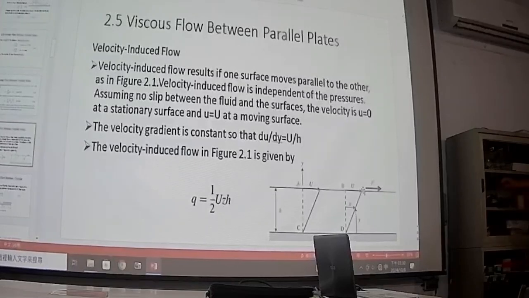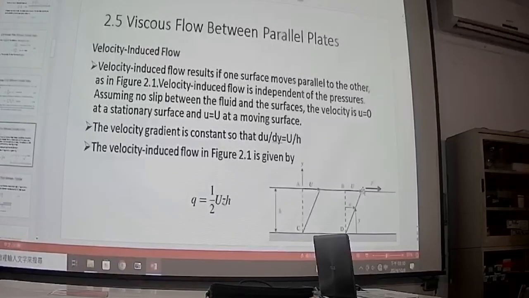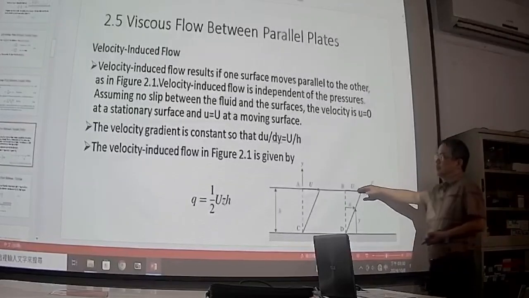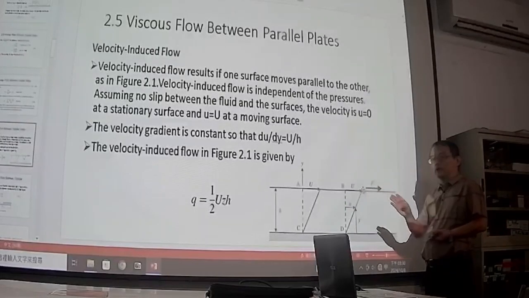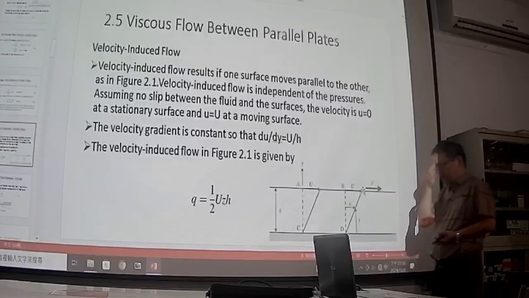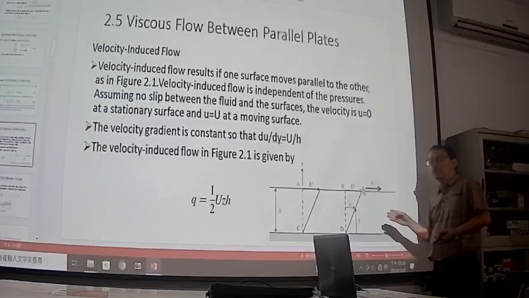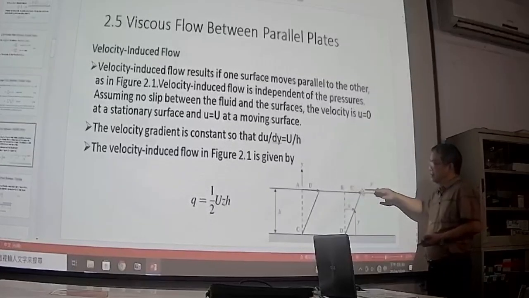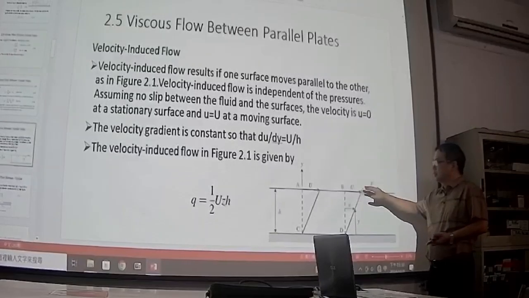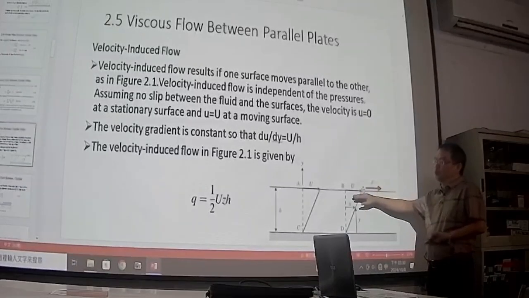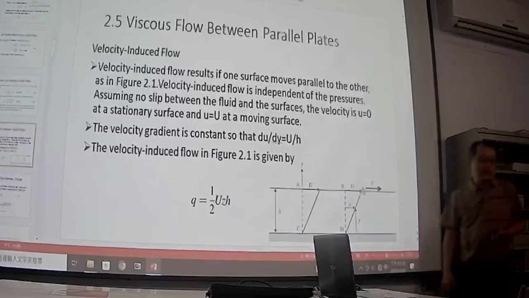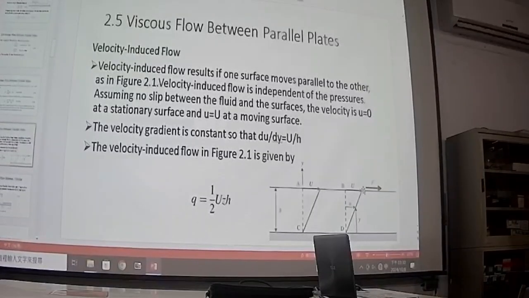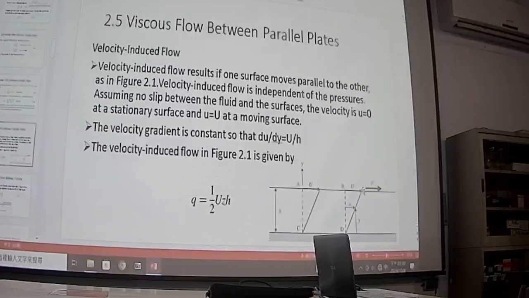Actually, consider the second case, velocity induced flow. So remove the top plate, because the lubricant is a viscous lubricant. So this top plate movement will induce the velocity in your lubricant. So this is the second case we need to consider, velocity induced flow.